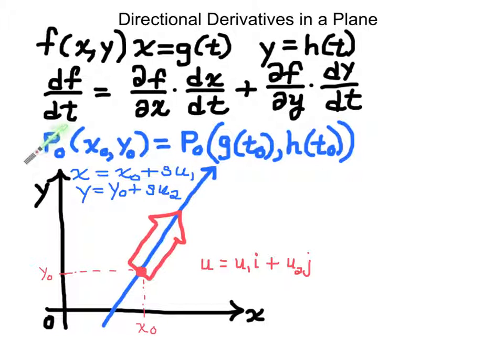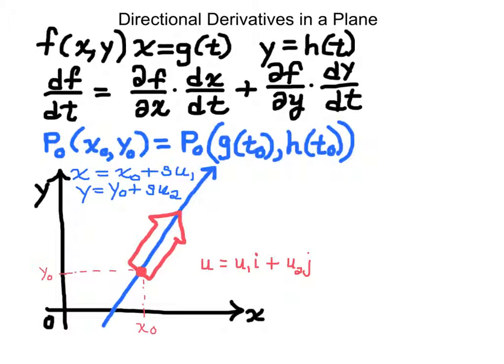So this equation for df dt gives the rate of change of f with respect to increasing t, and therefore depends on the direction of motion along the curve.